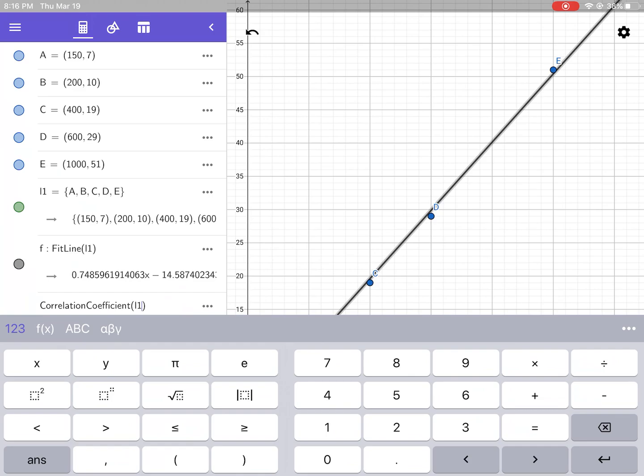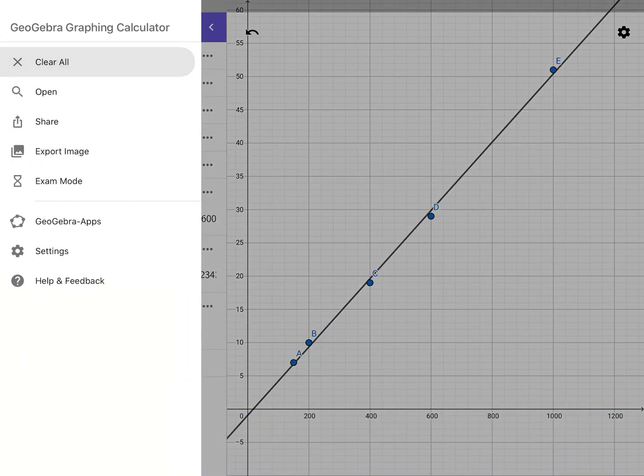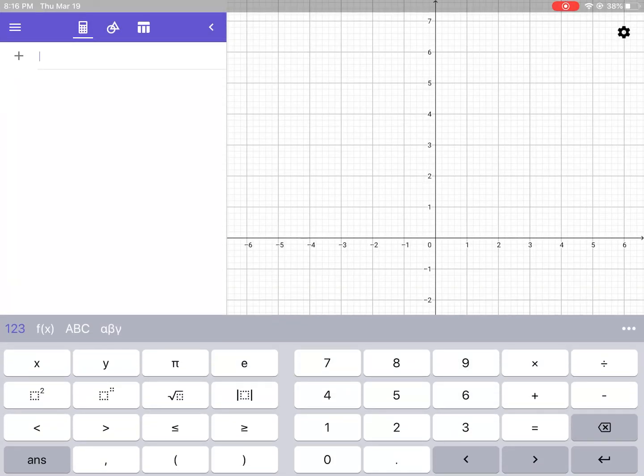Okay? We go to our GeoGebra. Now, since I'm done with the problem, I can clear everything. And I'm starting over.